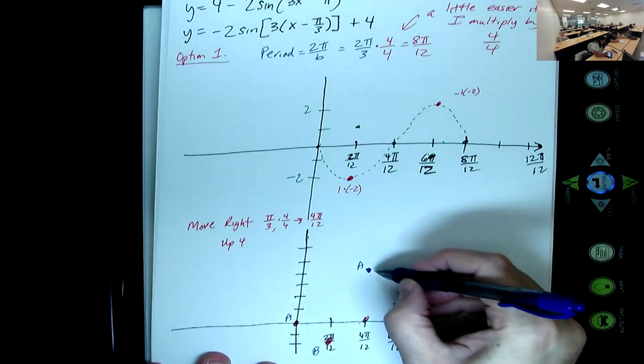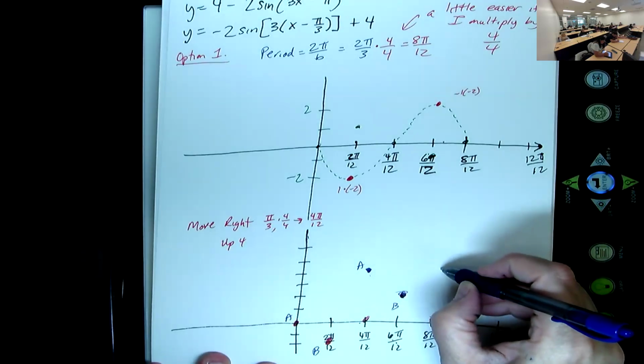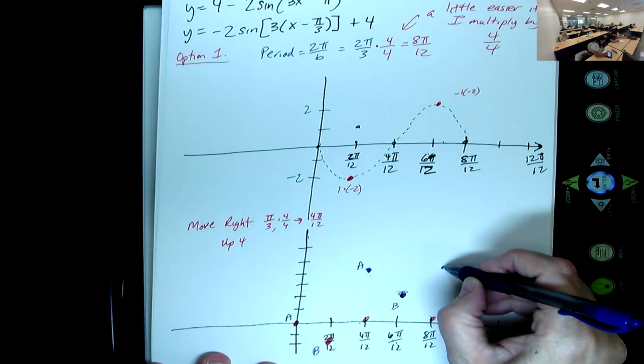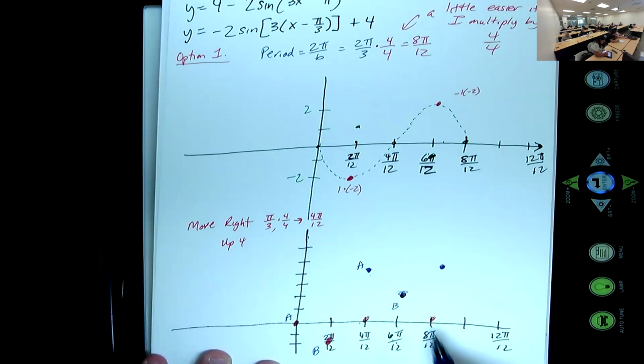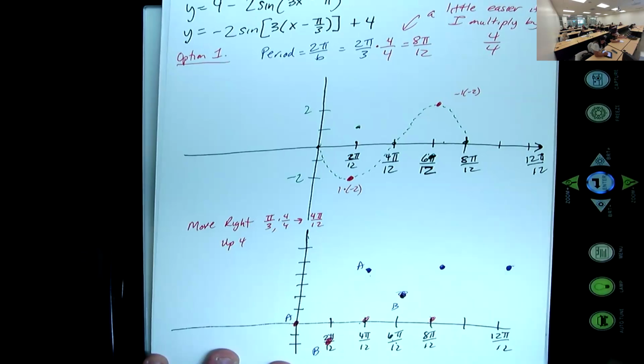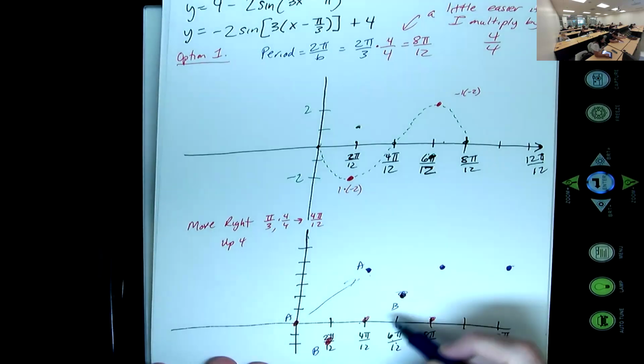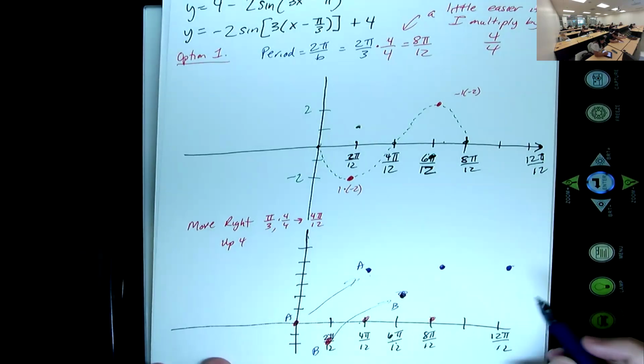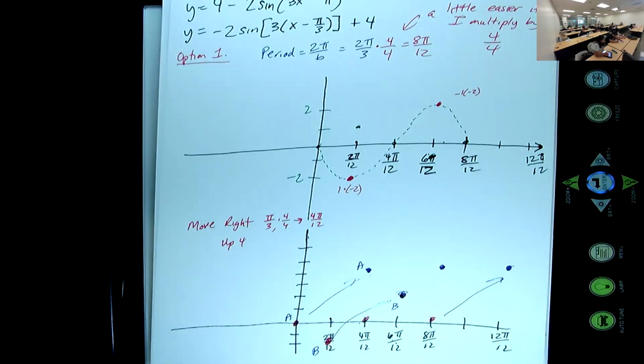It should be at the same height as A. So that one's there, and we actually know 8 pi over 12 is at the same height as A there. So I can move those. That went there. That went there. That's going there.